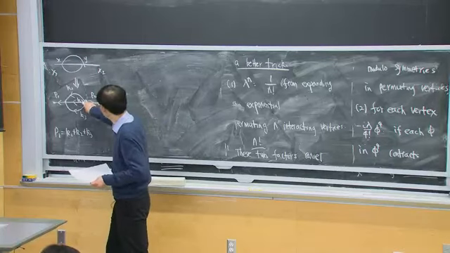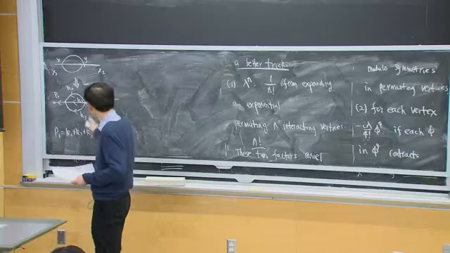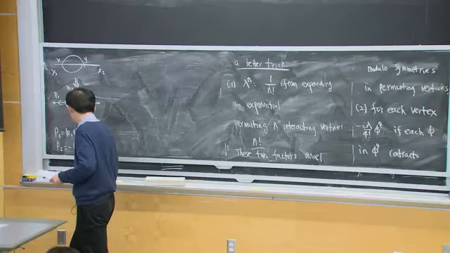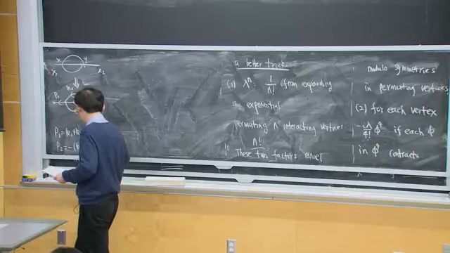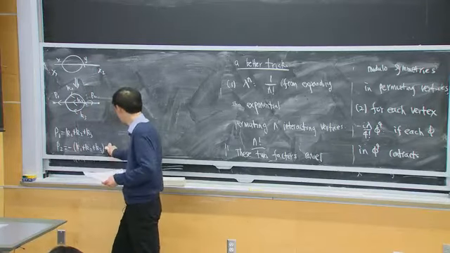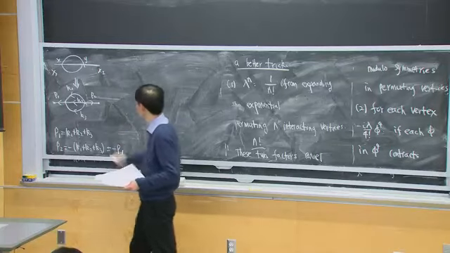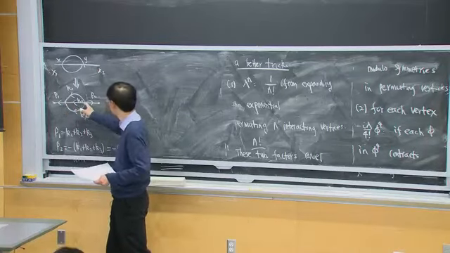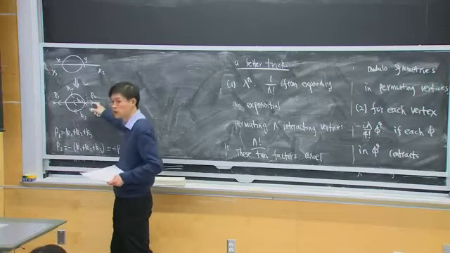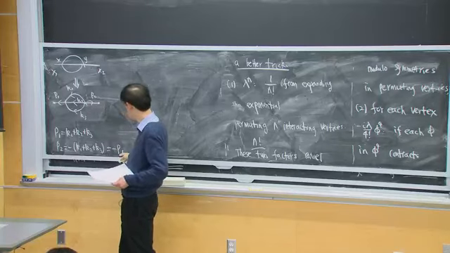For momentum conservation at this vertex, they all go away from this vertex, so p2 will be minus (k1 plus k2 plus k3). That means p2 should be equal to minus p1. This makes perfect sense because the diagram preserves momentum: if you have p1 here, you should also have p1 there, and p2 I drew with the opposite sign.